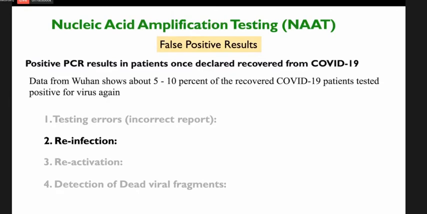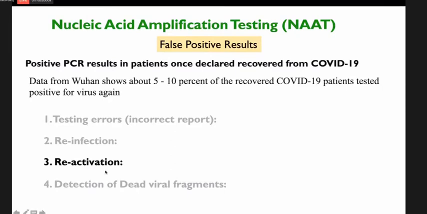To this date, no human reinfection of this novel coronavirus disease has been confirmed, and there is no evidence that a patient who tested positive after recovery can transmit the disease to another person. A recent article in the Journal of the American Medical Association suggested that recovery from COVID-19 might confer some amount of immunity against reinfection, at least temporarily.